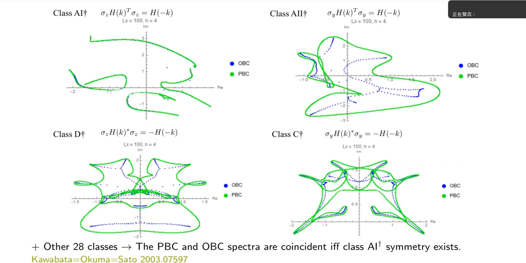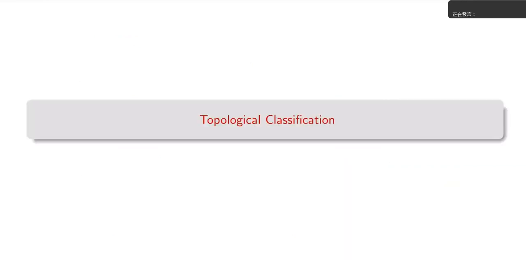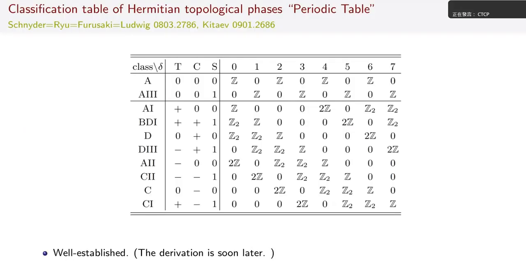Okay, so let me move on to the topological classification. Probably you may see this periodic table in the Hermitian topological phases.